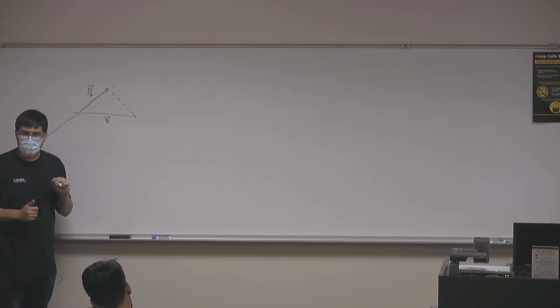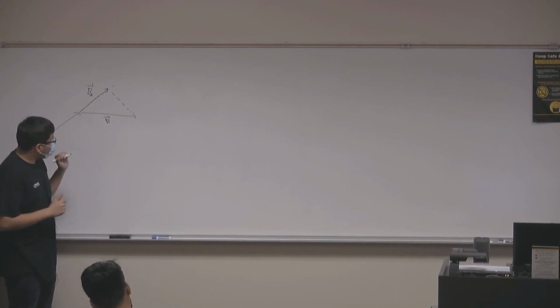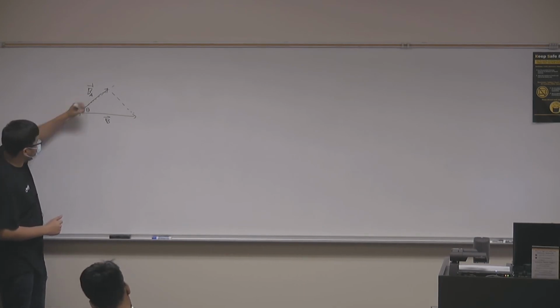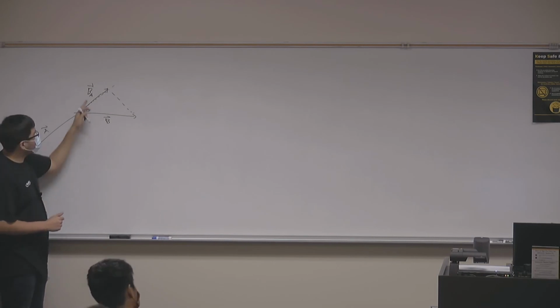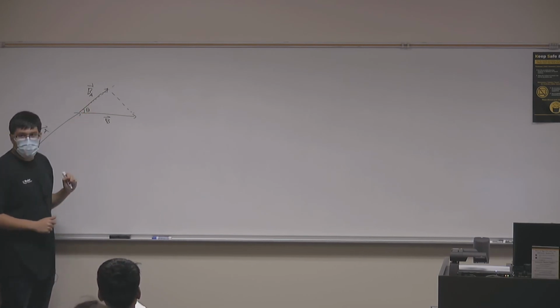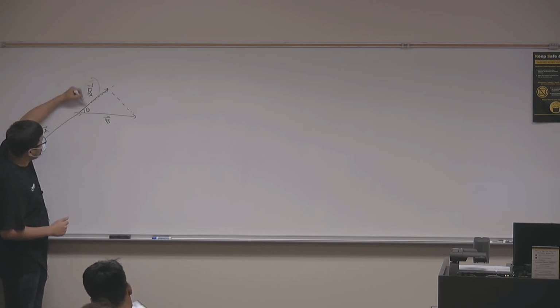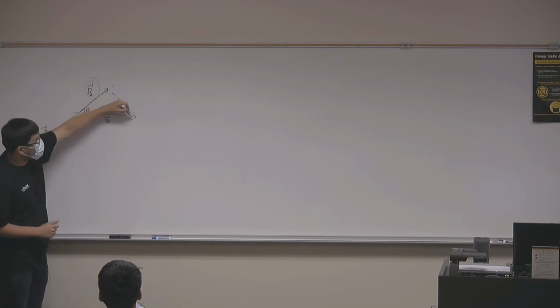And that's the dot product. Let's say that the angle between A and B, you can see the A direction here, is theta. What is the component of B along A? How can I calculate this component if I know that this is theta and I know this B vector?